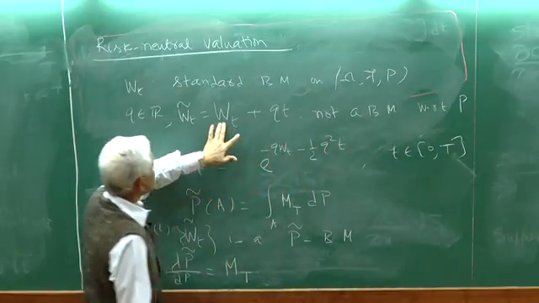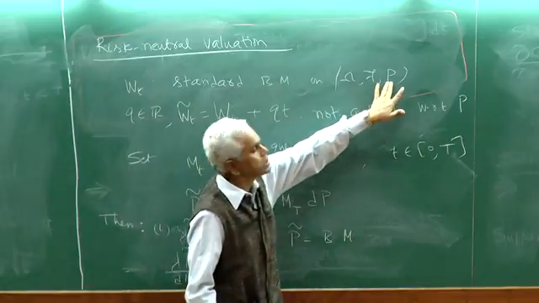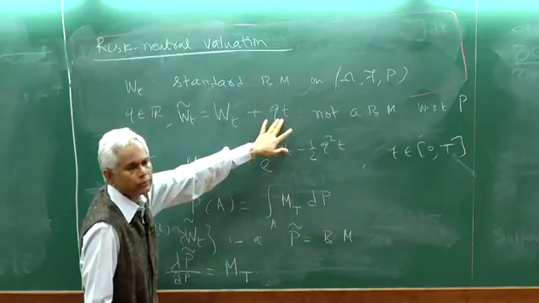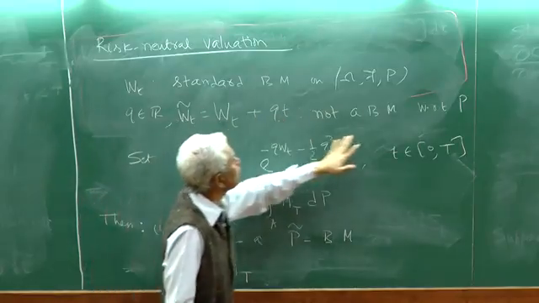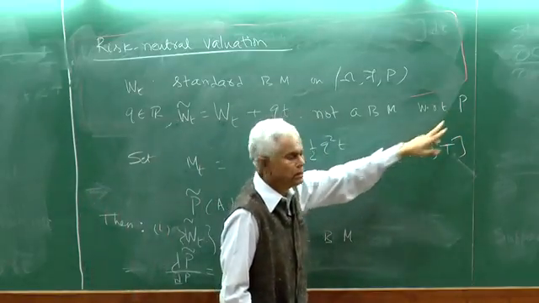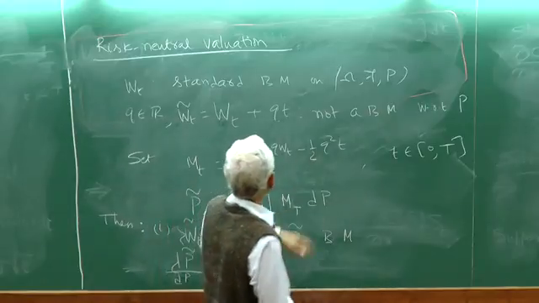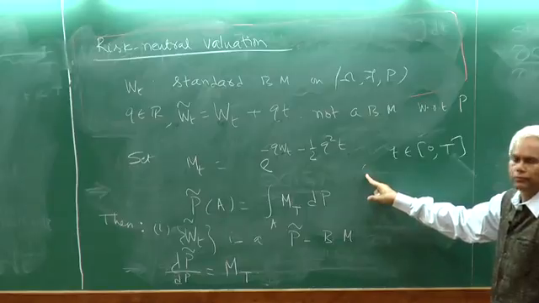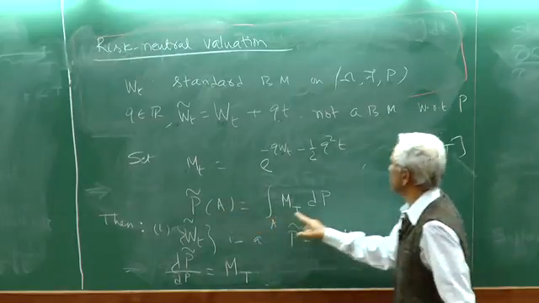The same thing we are doing for a stochastic process. W_t is a Brownian motion with respect to the measure P, but I am perturbing W_t by some qt. So this is not a Brownian motion with respect to the original measure. Then you have some exponential quantity M_t, an exponential martingale, and you define a new measure.